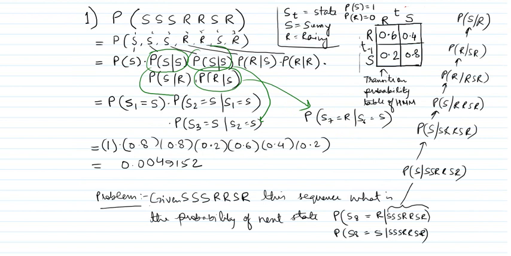The hidden Markov model produces some kind of observations, and the states remain hidden. The observations represent their states.